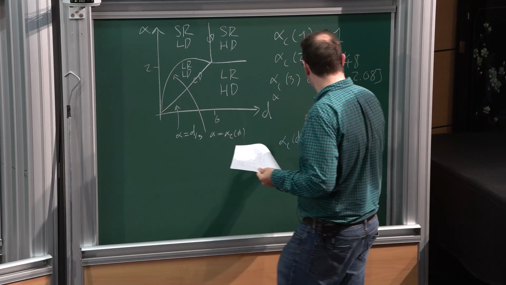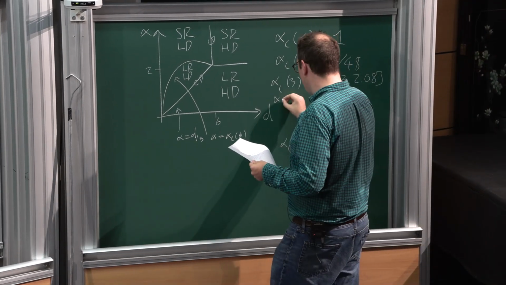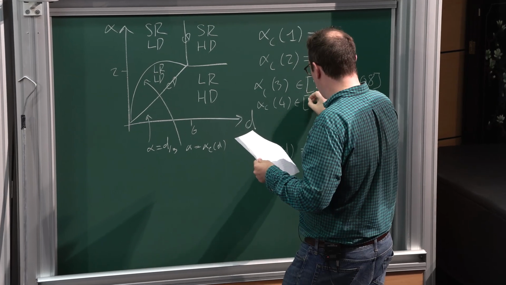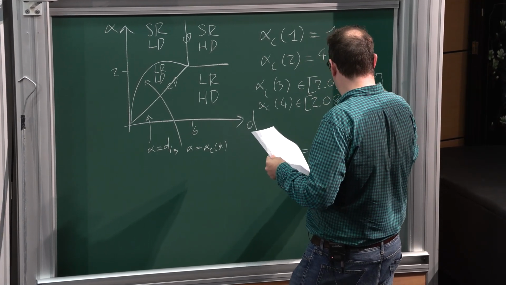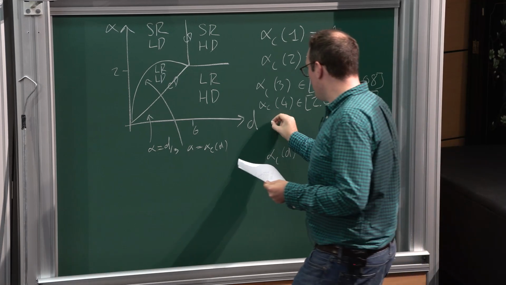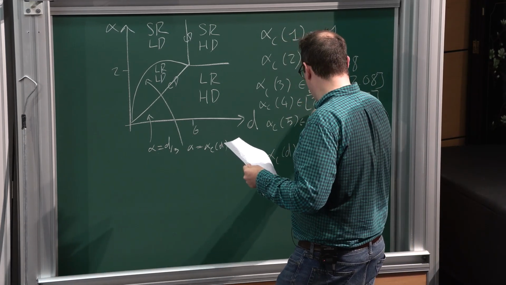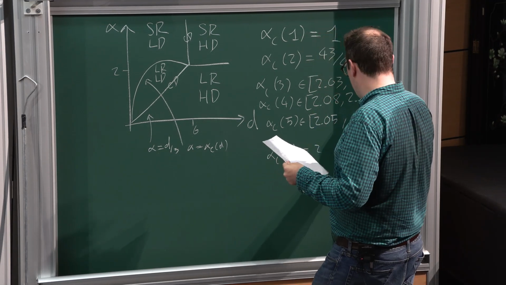But alpha c of 3 is somewhere between 2.03 and 2.08. Alpha c of 4 is between 2.08 and 2.13. And alpha c of 5 is between 2.05 and 2.08.